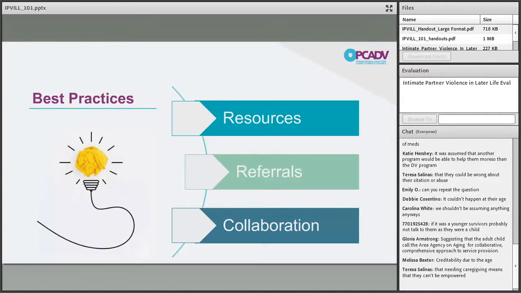Having domestic violence at the table is critical, because we use the elder abuse umbrella terminology so frequently, the victimization of domestic violence gets lost. So having experts like you at the table is really important as well.